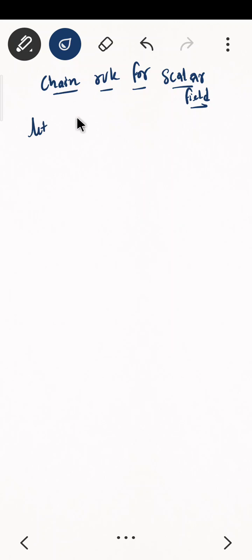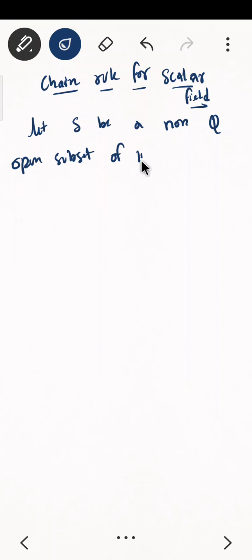Let S be a non-empty open subset of Rn. If f from S to R is a scalar field.